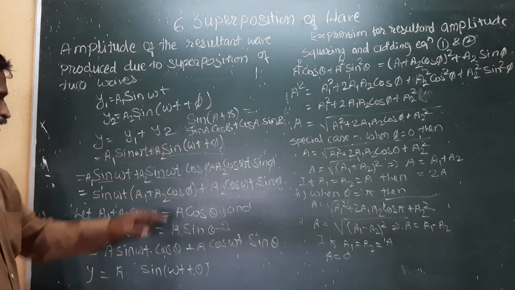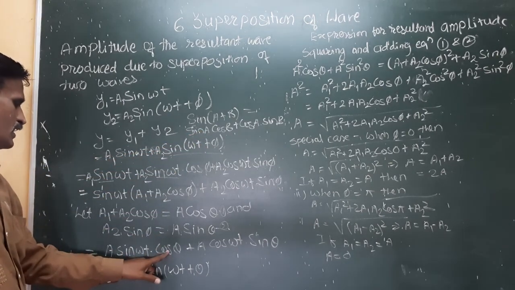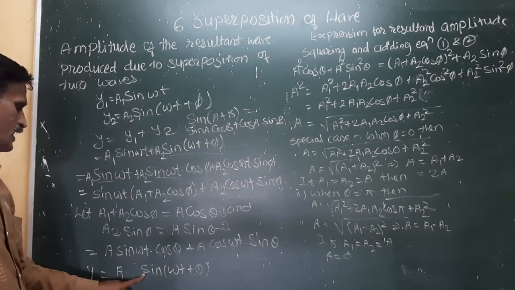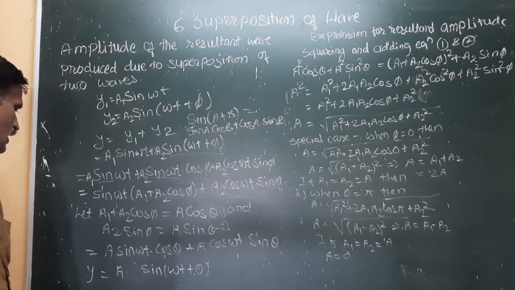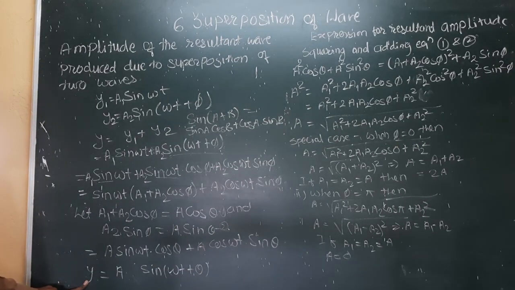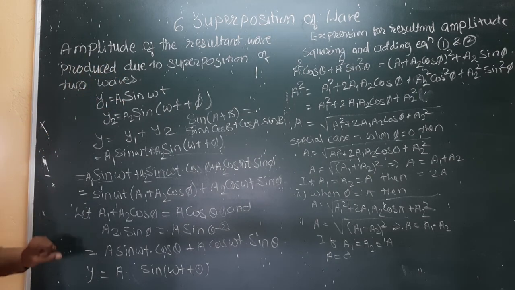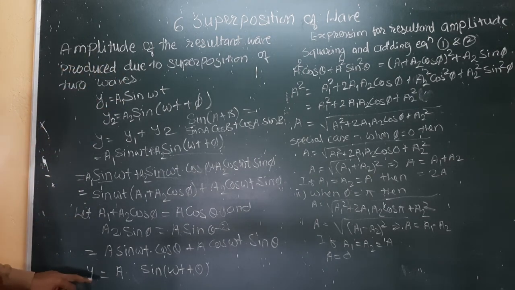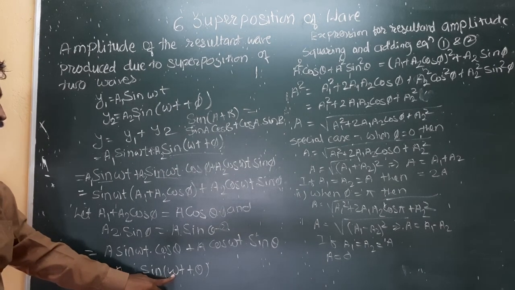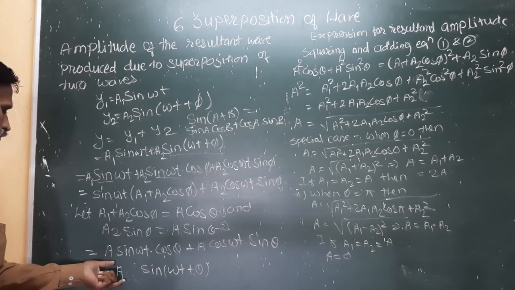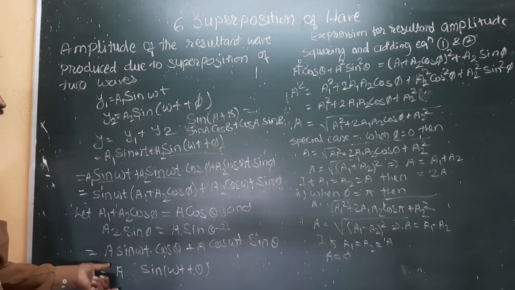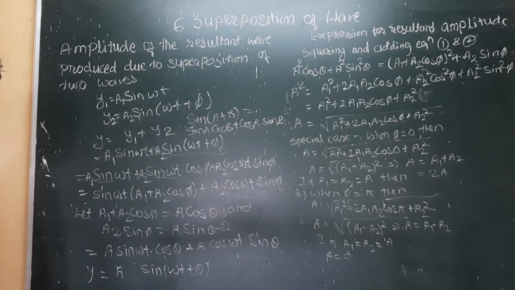Again this is the expansion of sin(omega t plus theta). So the resultant displacement of the two waves of different amplitude but same frequency is given by y equal to A sin(omega t plus theta), where A is the resultant amplitude.